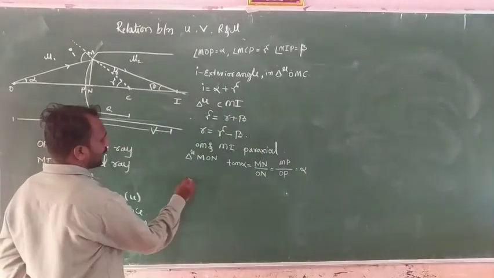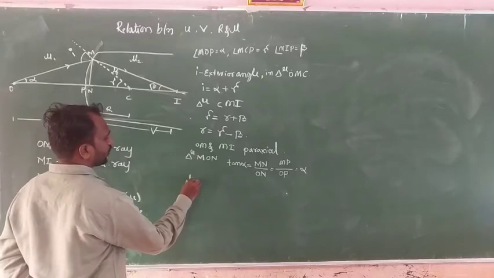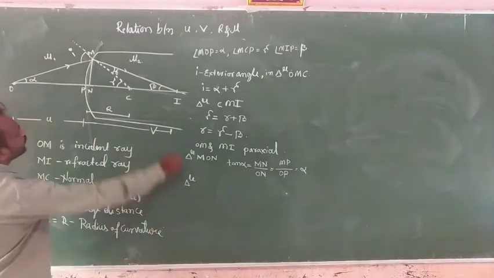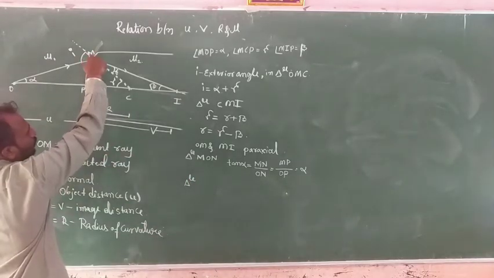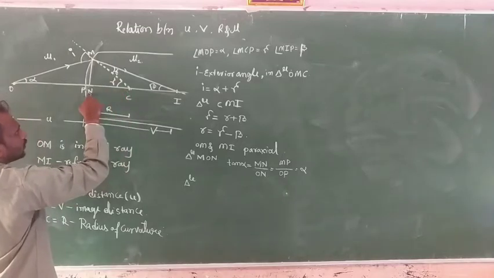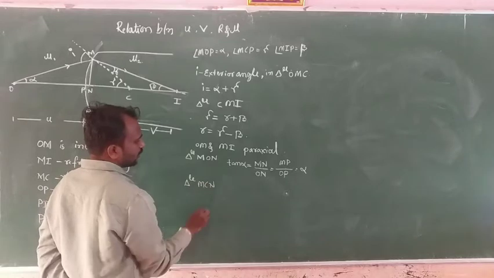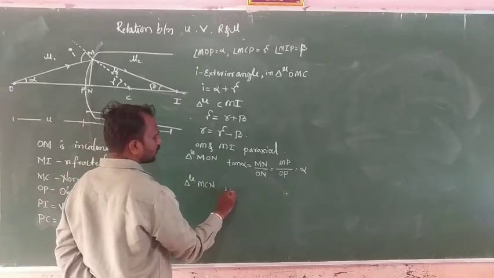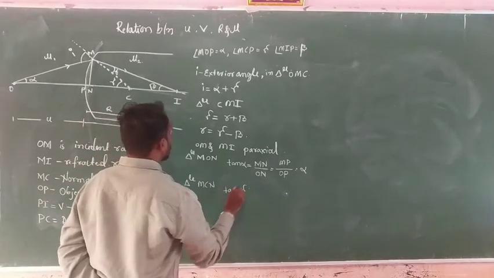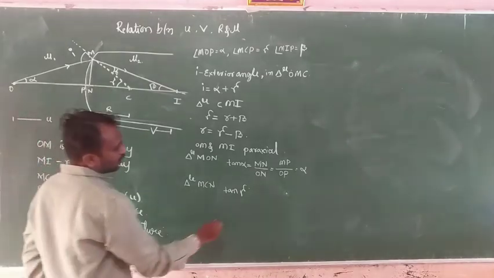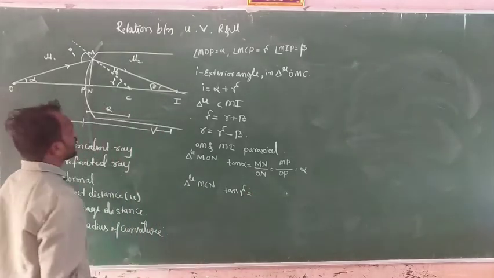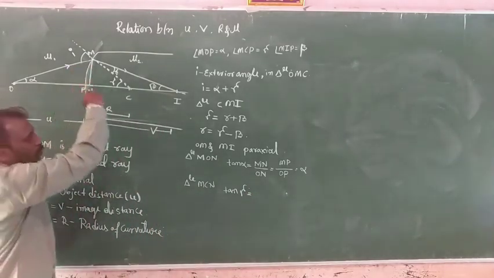Another triangle, MCN. In this triangle, tan gamma is equal to opposite, MN, over adjacent.